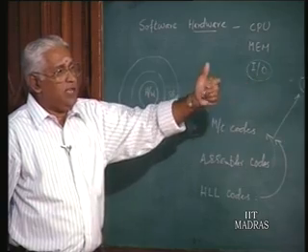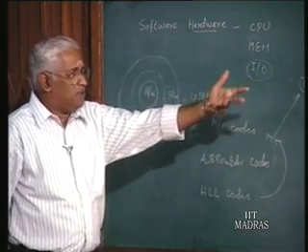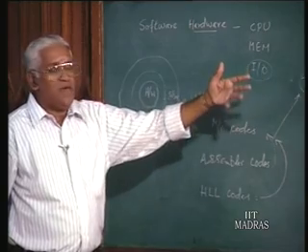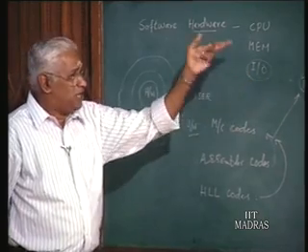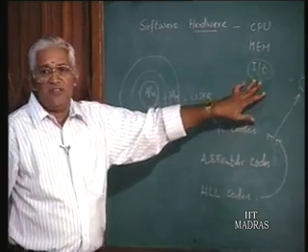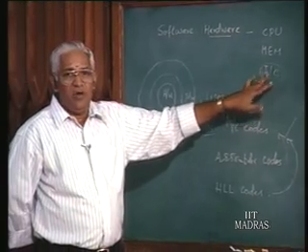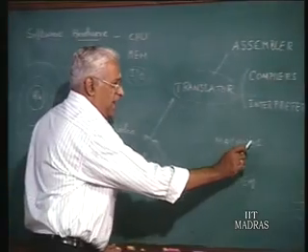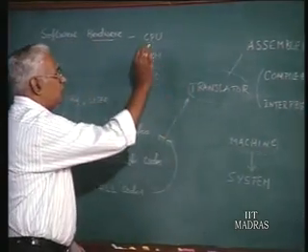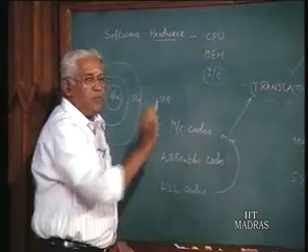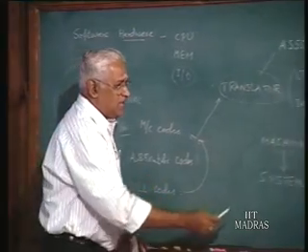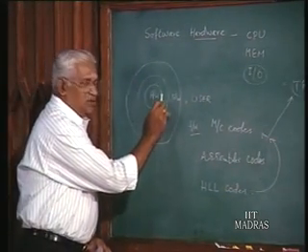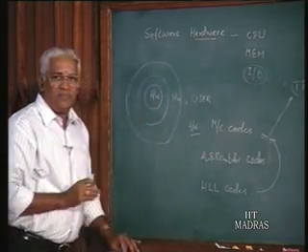If you have say a dot matrix printer, a dot matrix printer routine and interface will be needed. If you have a laser printer, then you need a laser printer routine and the necessary hardware interface for that. All these are standard. So, now you can see that from a bare machine which just consists of CPU, memory and I/O, the whole thing has graduated to a system which obviously includes layers and layers and layers of software.